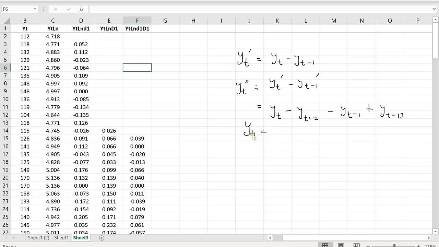Then we want to transform it into original scale. So yt is equal to yt double prime plus yt minus 12, plus yt minus 1, minus yt minus 13.